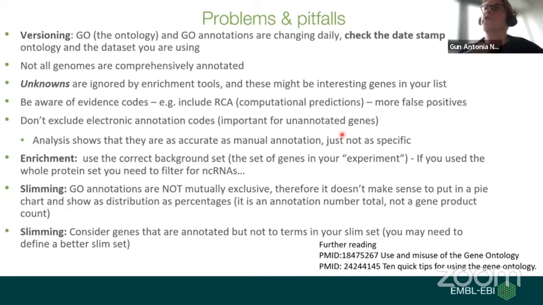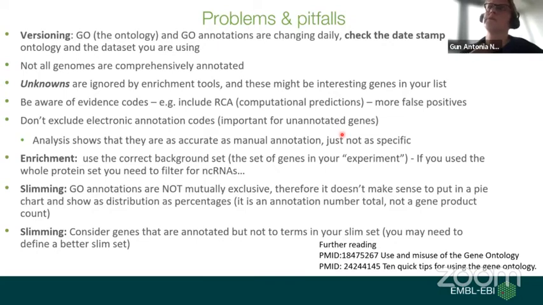And you want to make sure that you use the correct background set for enrichments. And remember for slimming that GO annotations are not mutually exclusive. Don't put them in a pie chart, because it's not a gene product count. It is an annotation number total.